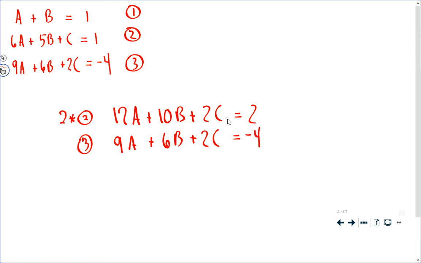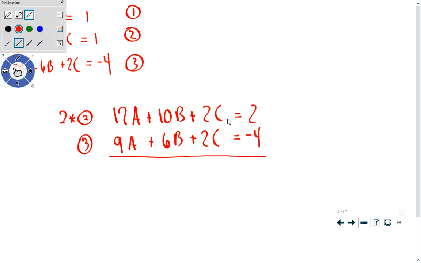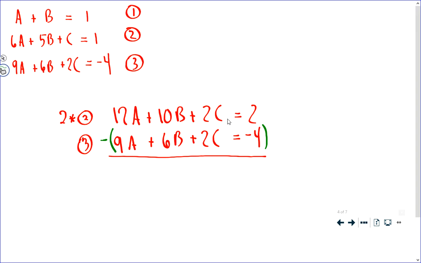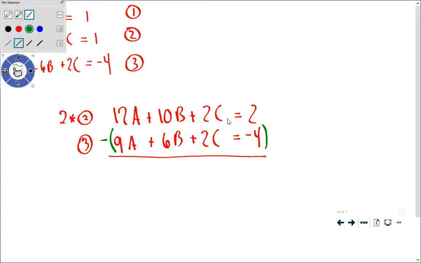And what I'm going to do is subtract those 2. The reason why I've done this is I've looked ahead and said that if I were to double equation 2 and subtract from it equation 3, I would get an equation with no c's. So let's see what we get when we subtract these 2 equations.